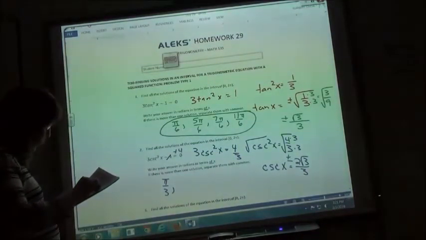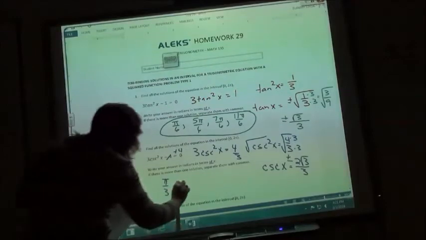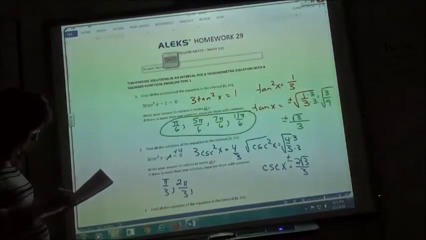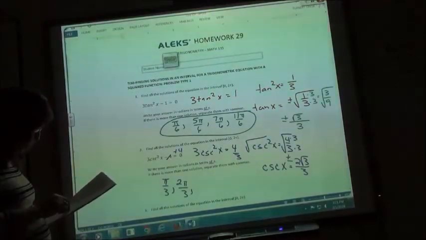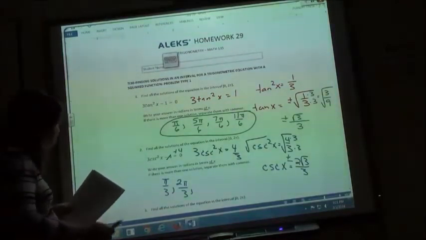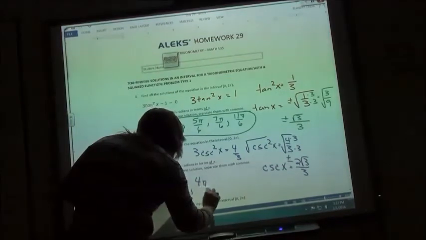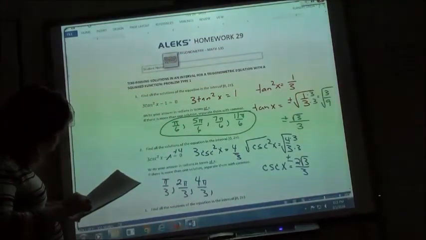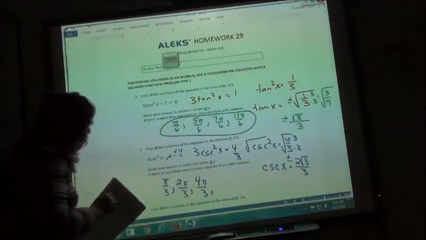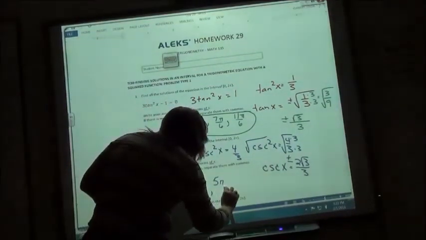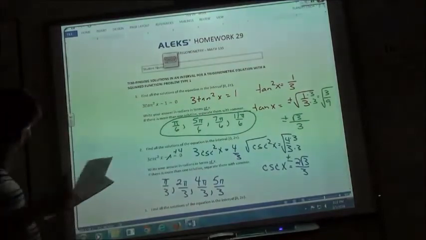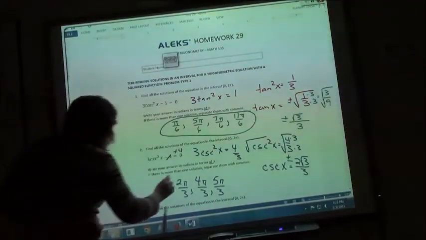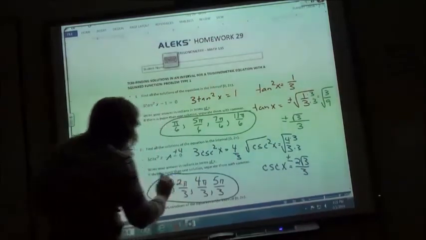Under my cosecant column, I also have 2 pi over 3. Then I have a negative 2 square root of 3 over 3 at 4 pi over 3. And if I look under my cosecant column, negative 2 square root of 3 over 3 is at 5 pi over 3. So I have pi over 3, 2 pi over 3, 4 pi over 3, and 5 pi over 3 for my 4 answers.